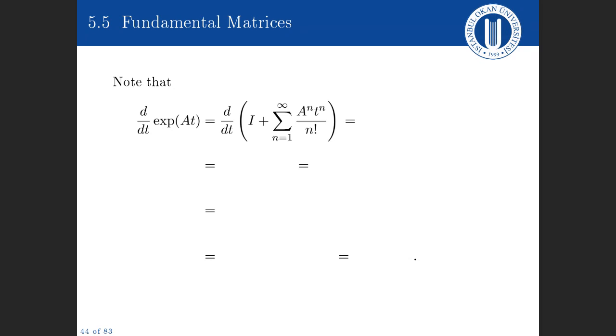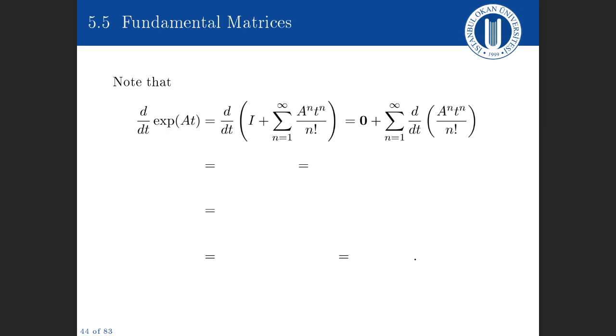Just for this course, just imagine this is well defined, it converges. As long as it converges absolutely, we're allowed to take the derivative inside the power series. The derivative of I, that's a constant matrix, of course, is just the zero matrix. The derivative of the power series is just the power series of the derivative of A^n t^n over n factorial.